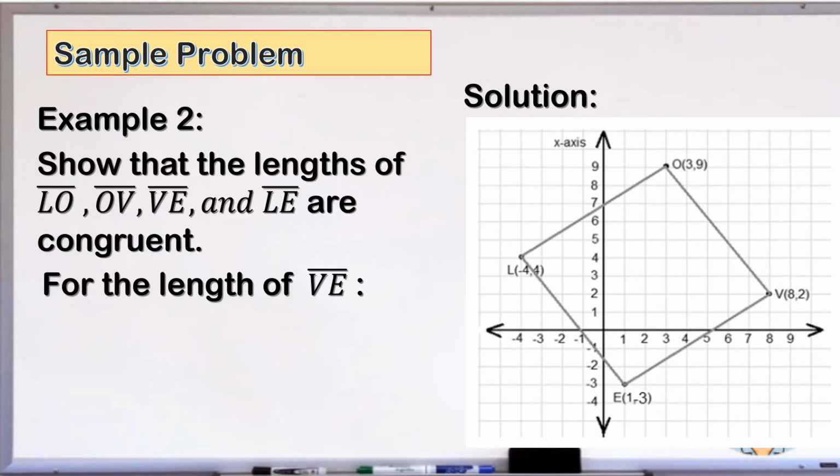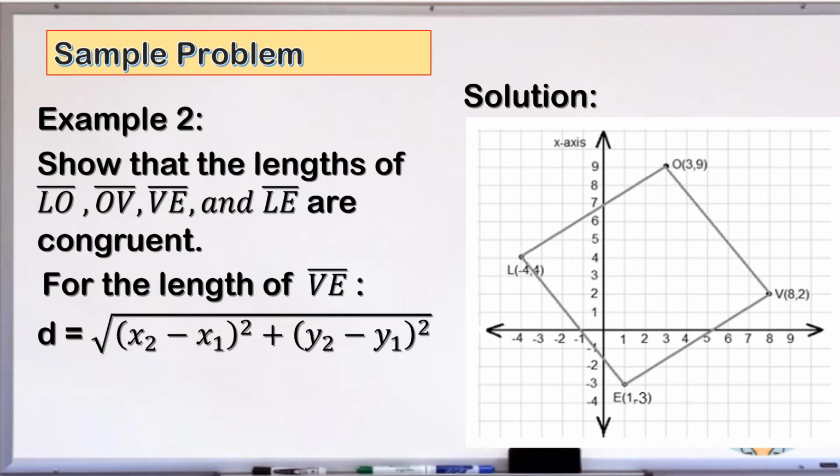So this time, let us find out the length of segment VE. Using the distance formula, let x sub 1 is equal to 8, y sub 1 is equal to 2, x sub 2 is equal to 1, and y sub 2 is equal to negative 3.